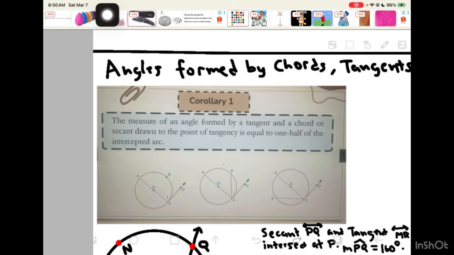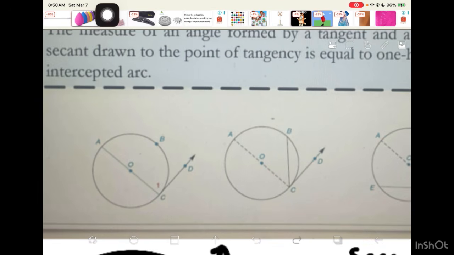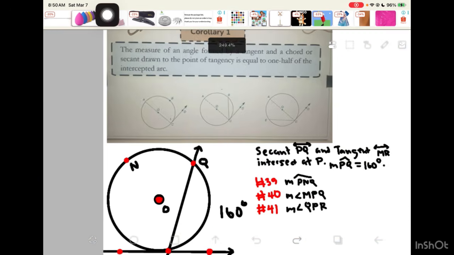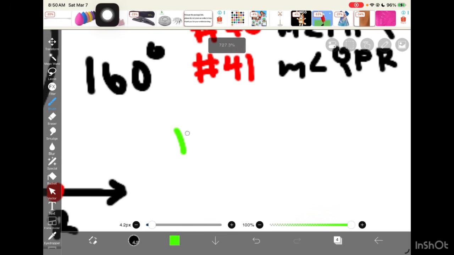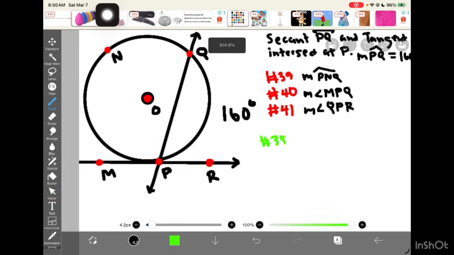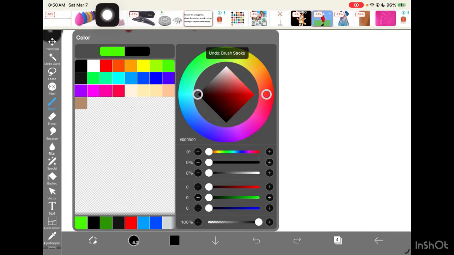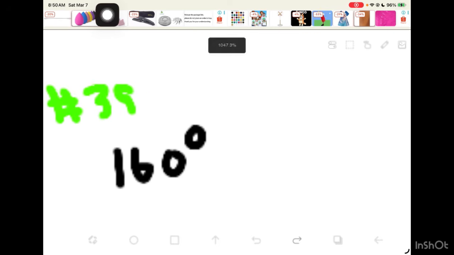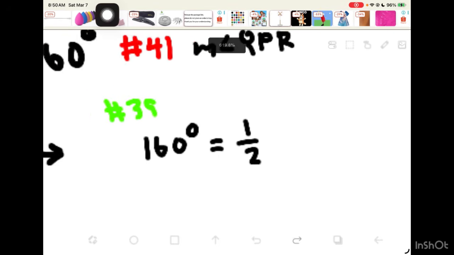To put things simply, basically if you see a figure like this, or this, you can basically treat it as an inscribed angle. I'll show you here. So number 39. We know that 160 degrees is equal to 1/2. Oh, sorry.